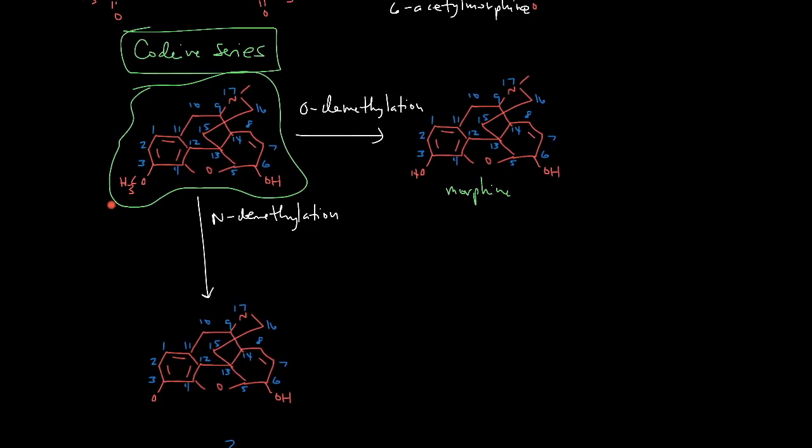This CO is going to be removed to change to a hydroxyl group. That's O-demethylation. You can also undergo N-demethylation to remove, of course, one of the methyl groups on the nitrogen. So you go from a tertiary amine to a secondary amine.